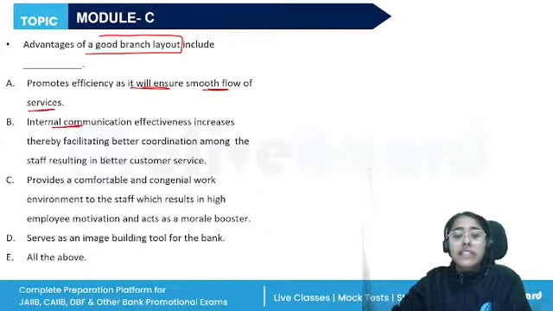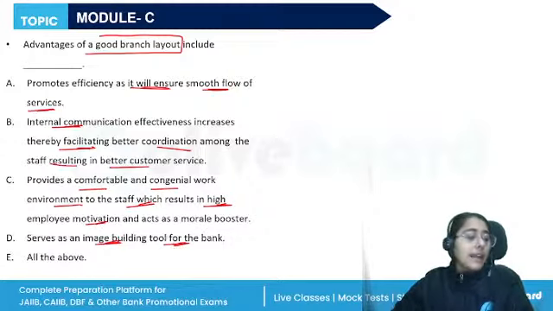Internal communication effectiveness increases, thereby facilitating better coordination among the staff, resulting in better customer service. Provides a comfortable and congenial work environment to the staff, which results in high employee motivation. Serves as an image building tool for the bank. Or option E, which says all of the above.